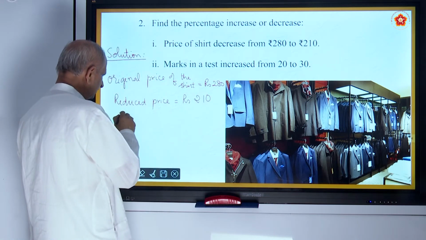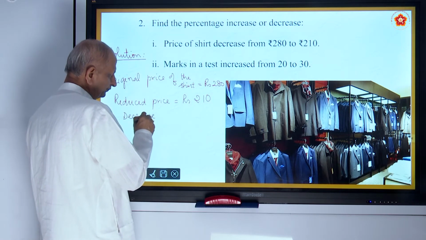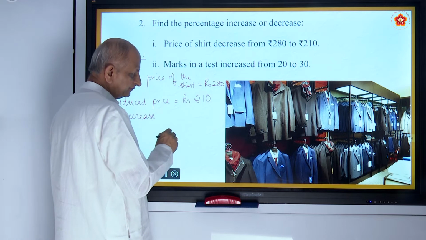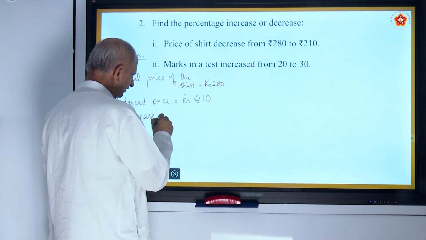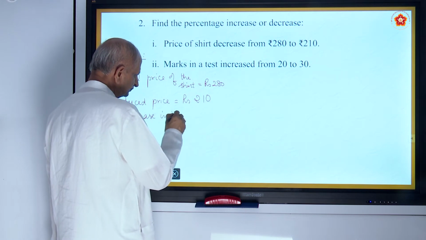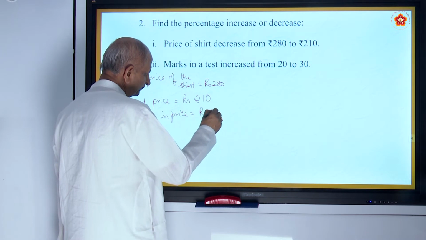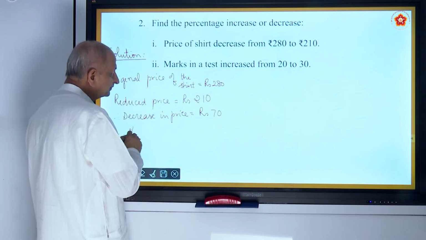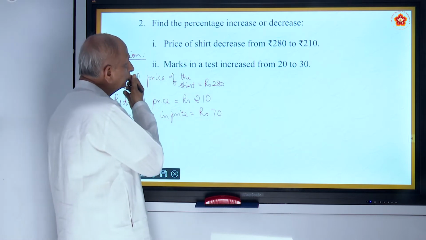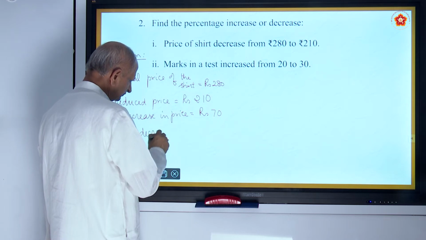So you have a decrease in price. So the decrease in price is how much? Rupees 70. And they are asking the percentage decrease.